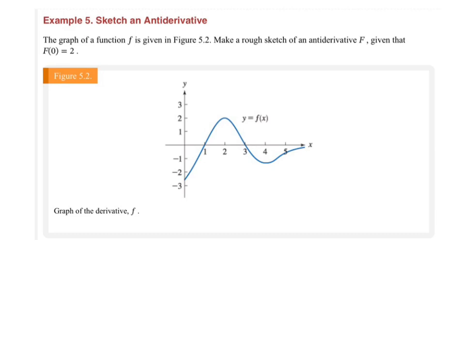And the antiderivative is going to begin at 2. 0, 2. So this is going to be your starting point right here. And when you're ready, we'll talk through it.